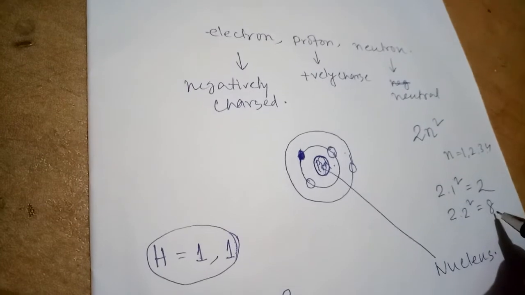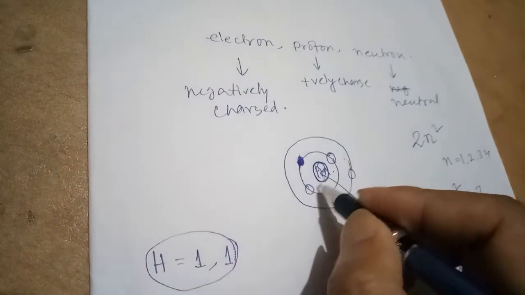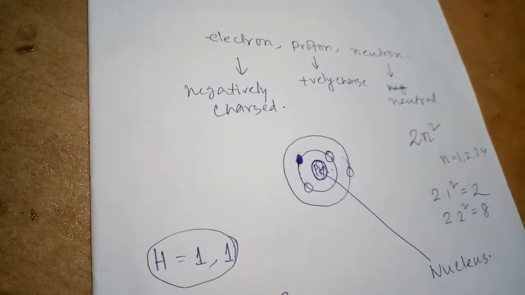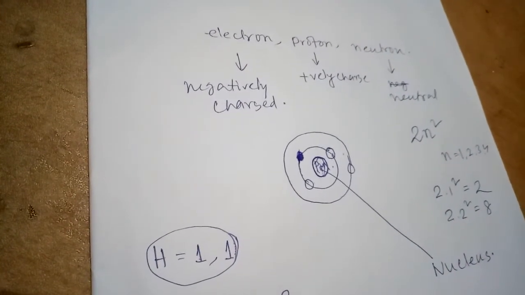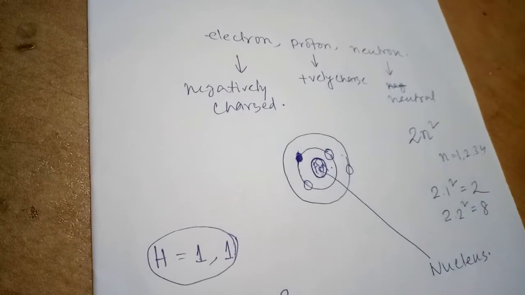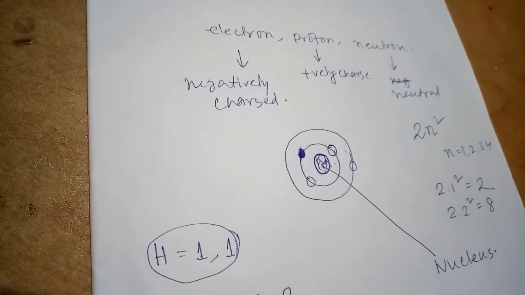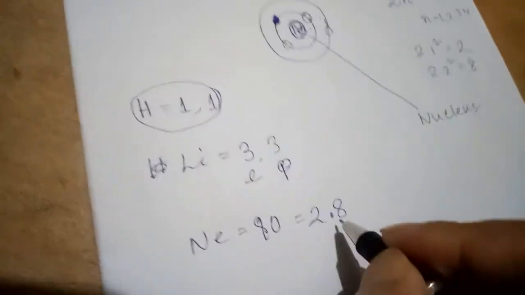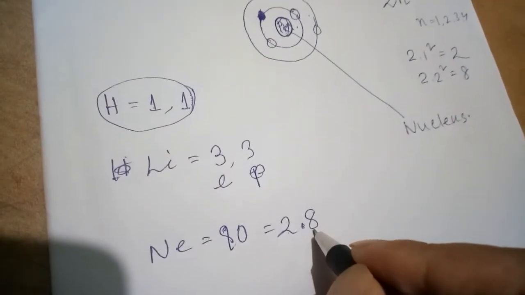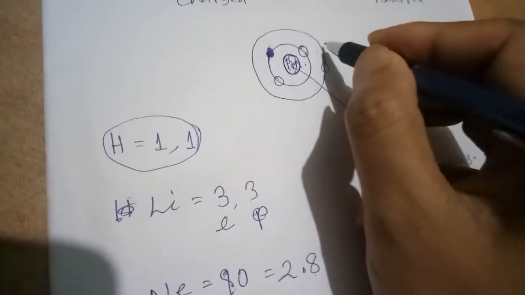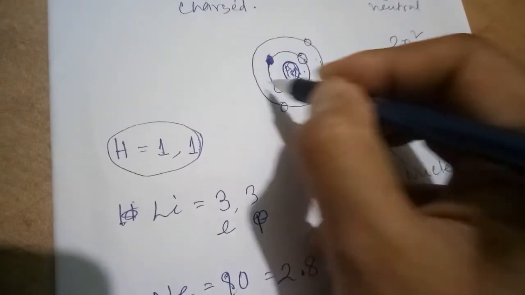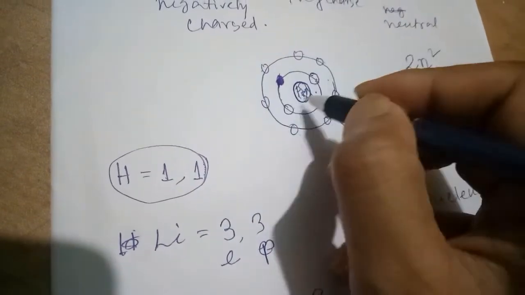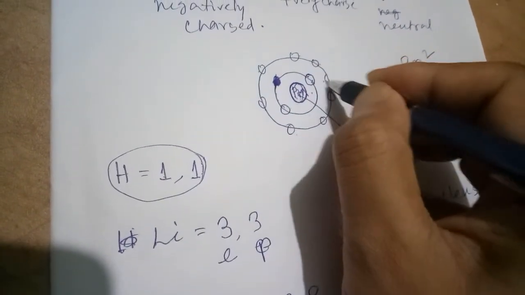Neon is an atom with atomic number 10 and electronic configuration 2, 8, which you already know from class 9. So here there are 8 electrons in the second shell.